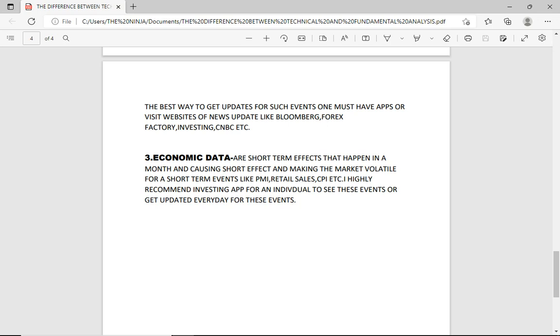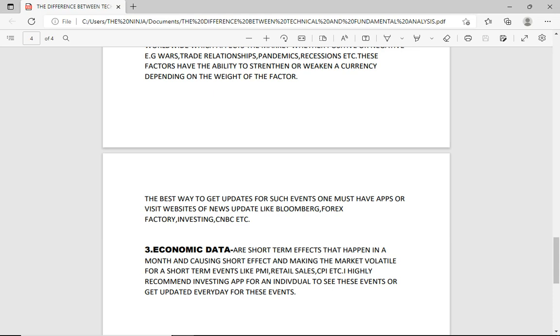These events happen every day, 5 days a week. We have those small events, and they cause volatility. Those are the factors that cause volatility in the financial markets. So I'll show you how to see those events. You need to check your Investing app each and every day for those events. I'll be indicating them bit by bit.